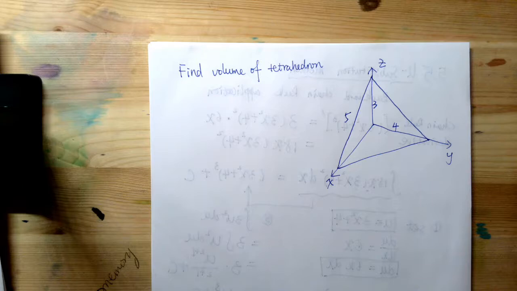Okay, so the basic idea is to construct a cross section and then set up the integral.